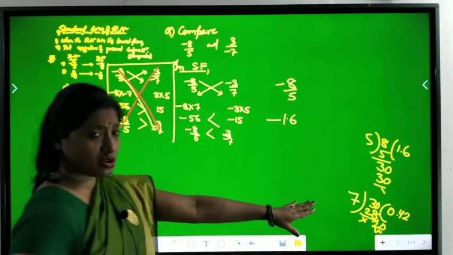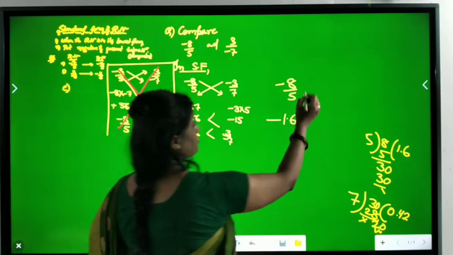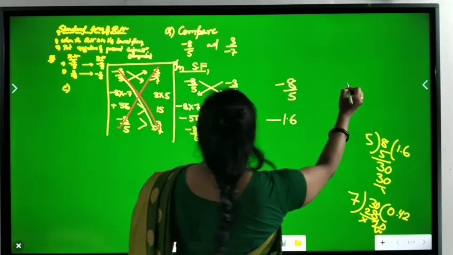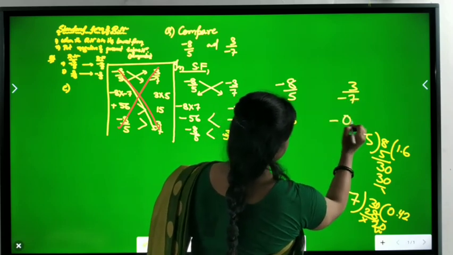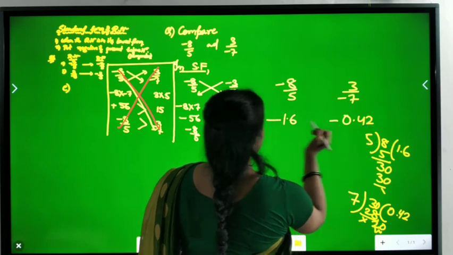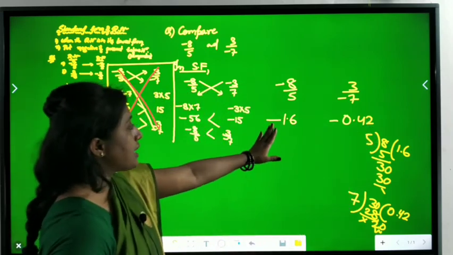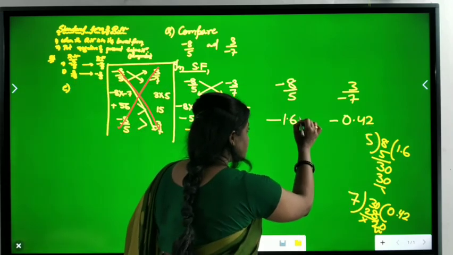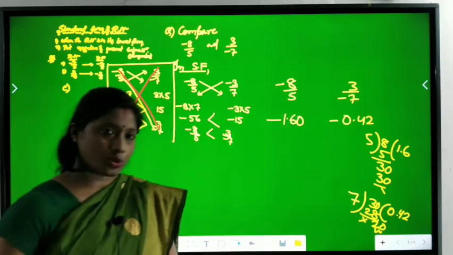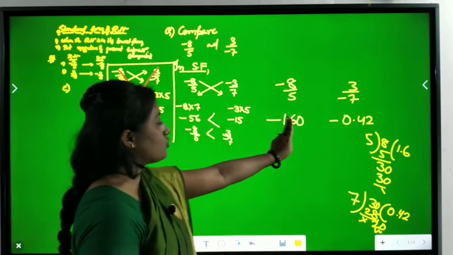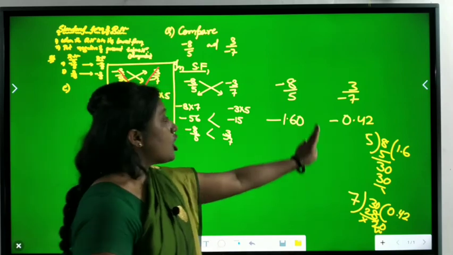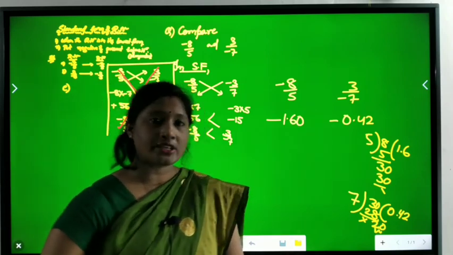Let us consider only 2 digits after the decimal. So here 3 by minus 7 is equivalent to minus 0.42, and this is equivalent to minus 1.6. Just put a 0 here for convenience. Now you can easily tell me whether minus 1.60 is greater or minus 0.42 is greater.